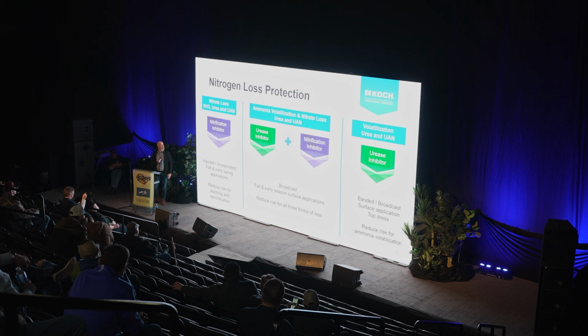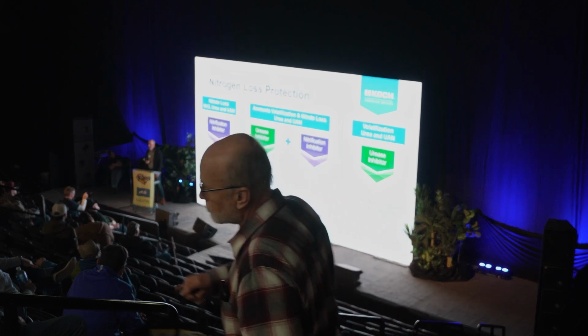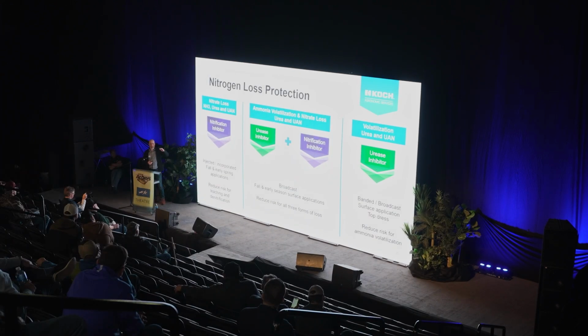When should you use just that single nitrification inhibitor? Obviously, as I mentioned, injected, incorporated. So when it goes into the soil, because we're not worried about volatilization losses at that point. When you're able to incorporate it into the soil, that's when you should use it. Fall and early spring applications, because again, that's when we're going to see more saturation.